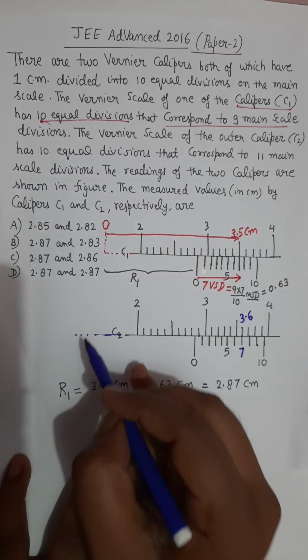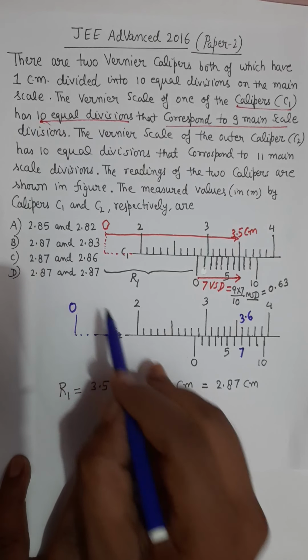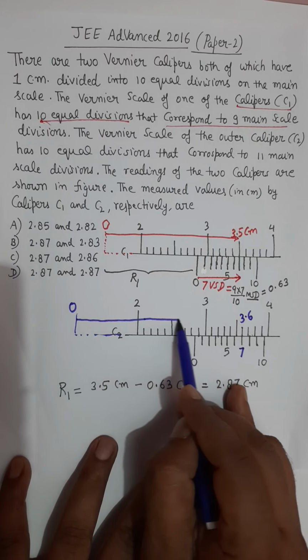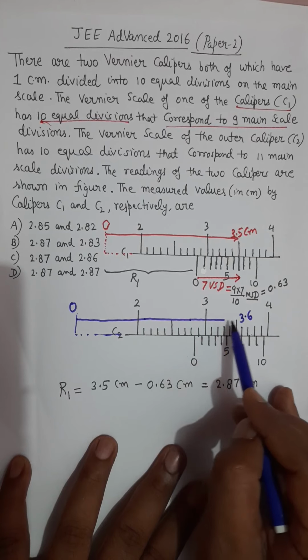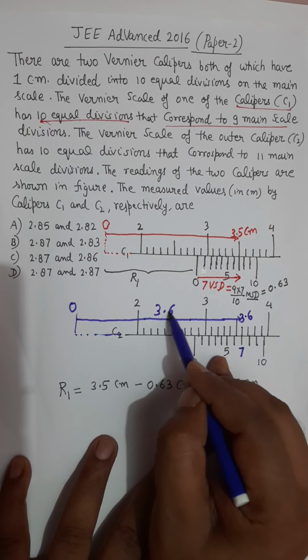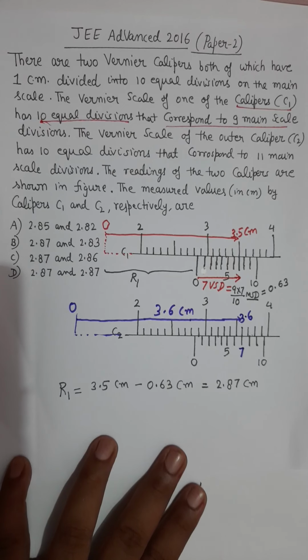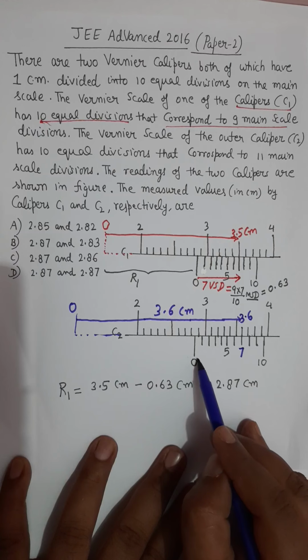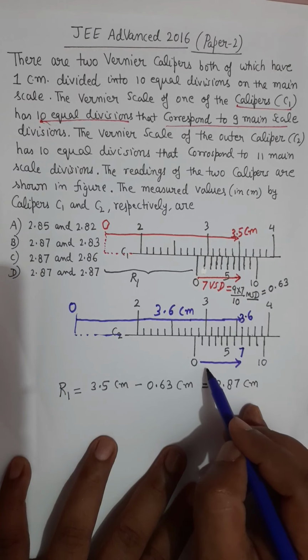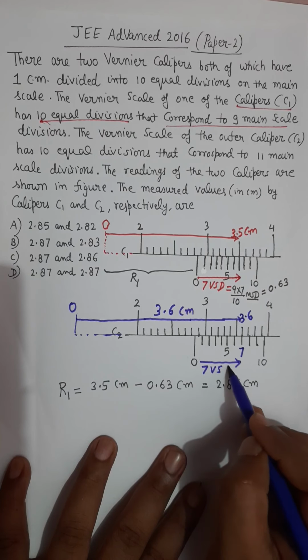So if 0 of main scale is somewhere to the left, from 0 up to the mark where vernier coincides, you are 3.6 centimeter ahead. This is total 3.6 centimeter. And from the 0 of vernier scale, we are 7 VSD ahead. This is 7 vernier scale divisions.